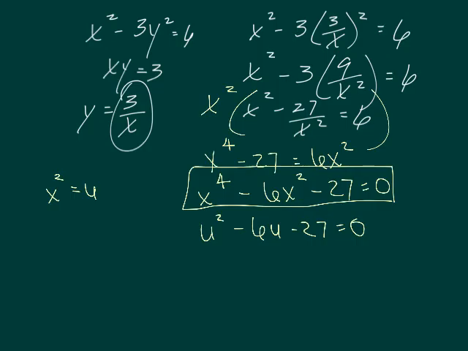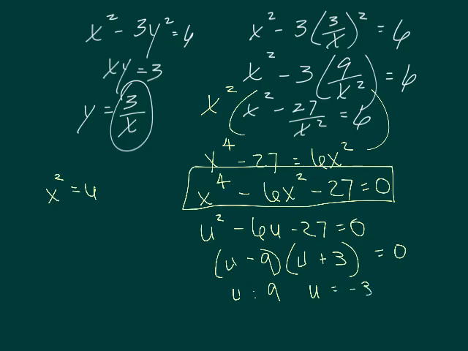Now we can break this down into 2 binomials equals 0. We've got a u and a u, and a negative 9 and a positive 3. So now I know my u is 9 and my u is negative 3.